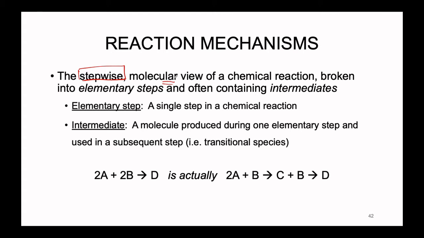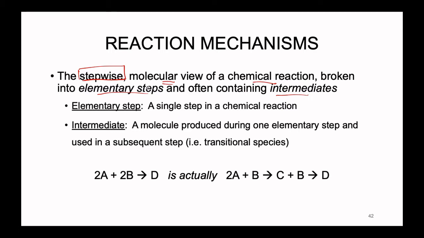So the molecules are going to be coming into contact to cause a chemical reaction, and this chemical reaction can be broken into what we call elementary steps, the definition of which is below. And the mechanism itself is also going to contain a certain number of intermediates, which we also have defined here below. And these concepts are kind of like what you would assume that they're going to be, right?